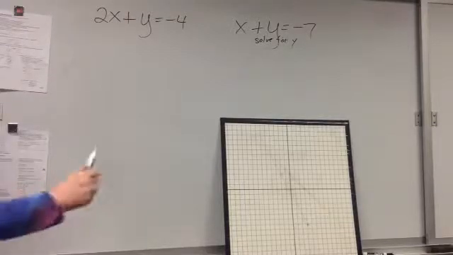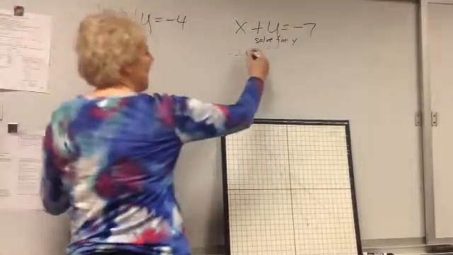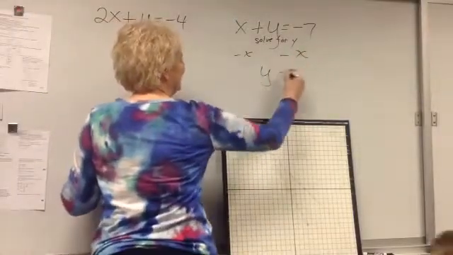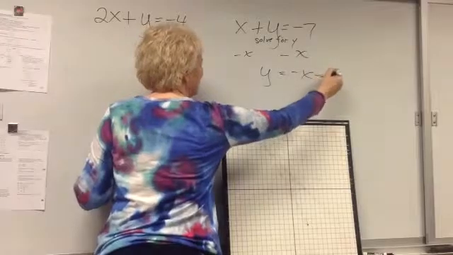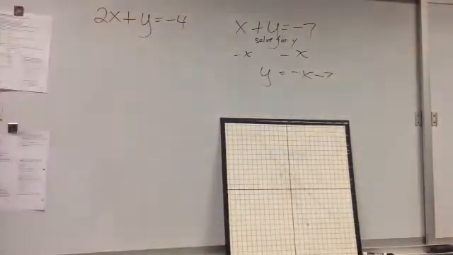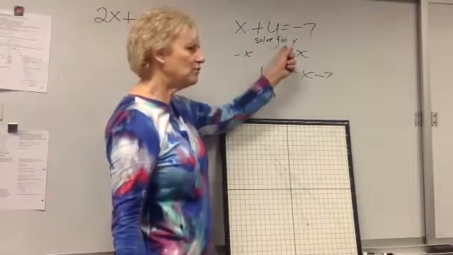All right. Subtract x, y equals negative x minus 7. Maverick, you didn't do that? No. How'd you solve for y? I think I'm lost. You didn't solve for y?